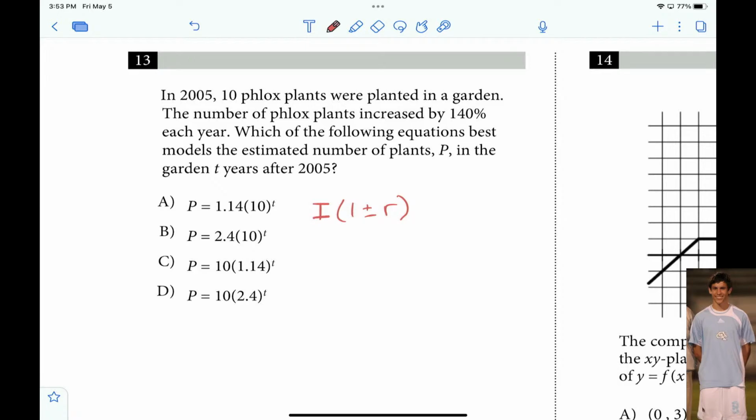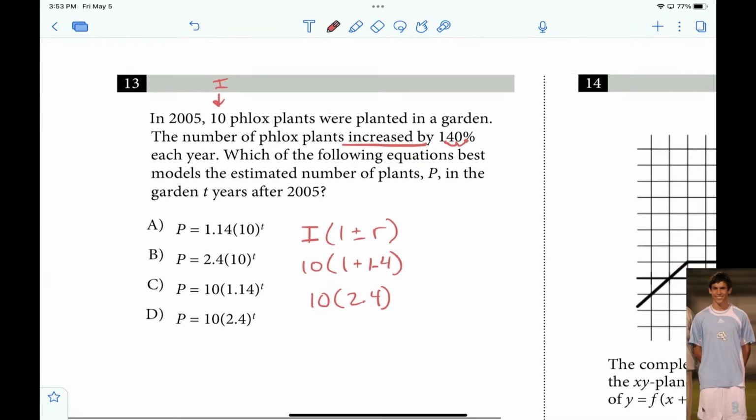The reason it could be plus or minus is because we could have an increase or decrease. Here we're having an increase. So what is our I value? It is 10. We started with 10 phlox plants. We increased by 140%. Well, 140%, we could just move that decimal place twice. So 1.4. So then it's 10 times 2.4.